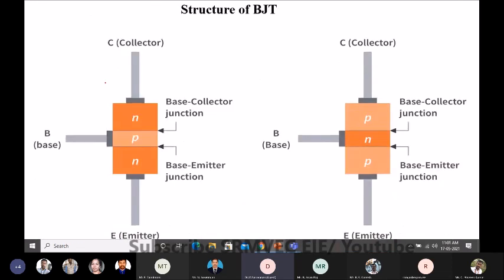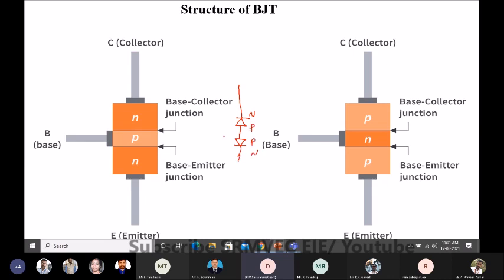Now coming to the second unit, I think by 11 o'clock we have taken the second unit. The structure of a BJT: I have taken the basics very slowly, because this is the formation. You can see it is a back-to-back diode, N type and P type.